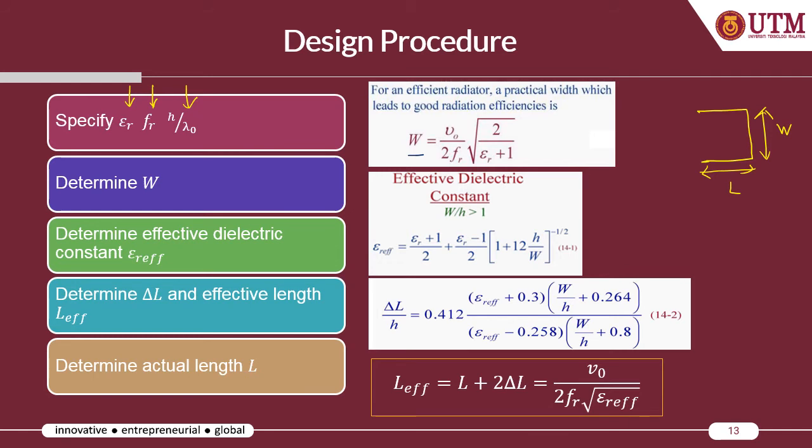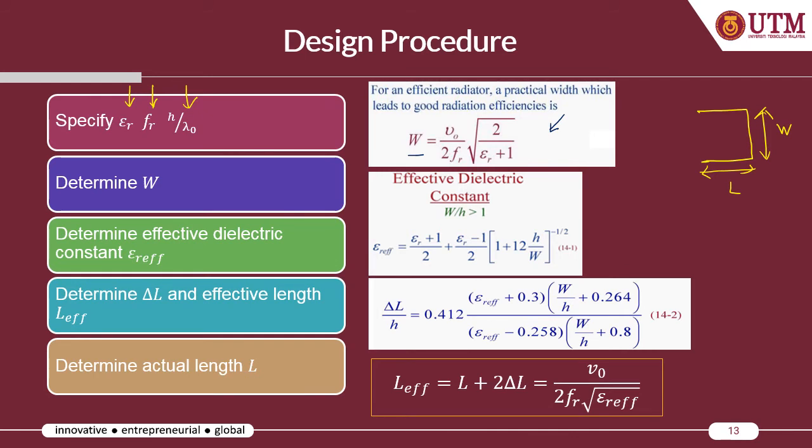Epsilon r is the relative permittivity of the substrate. So for an efficient radiator, a practical width which leads to good radiation efficiencies can be determined by using this equation.